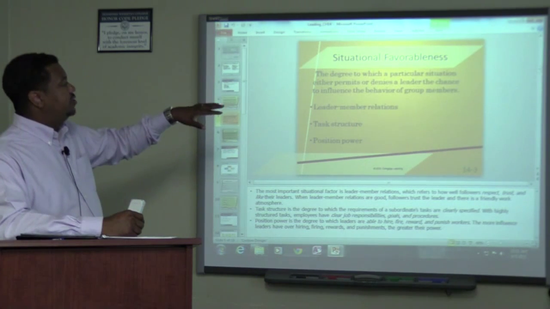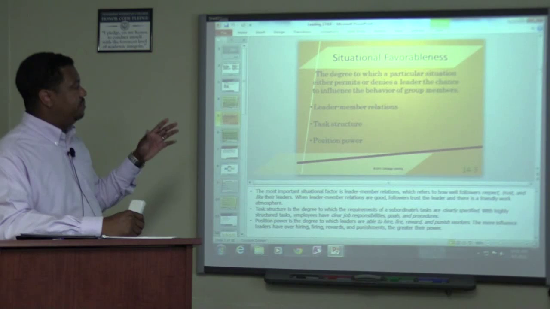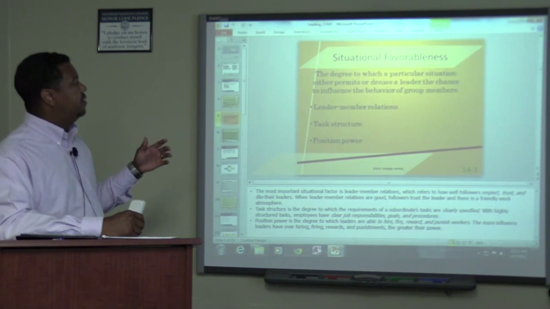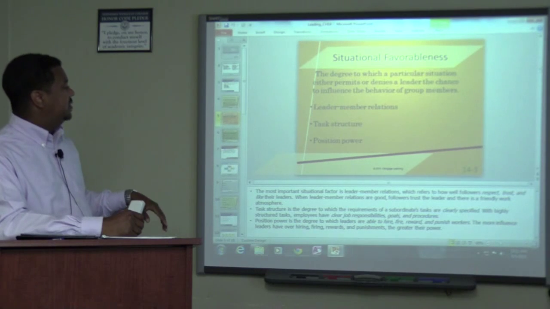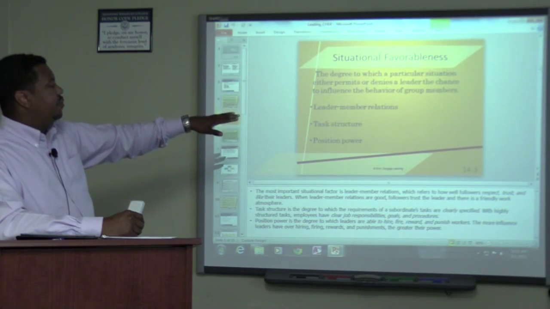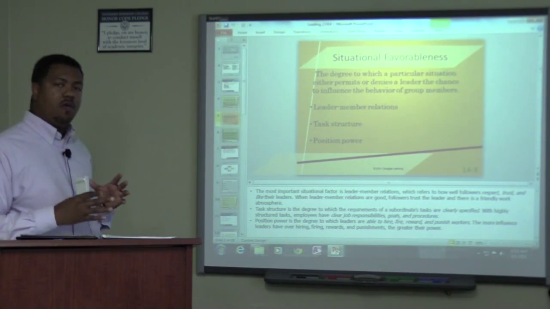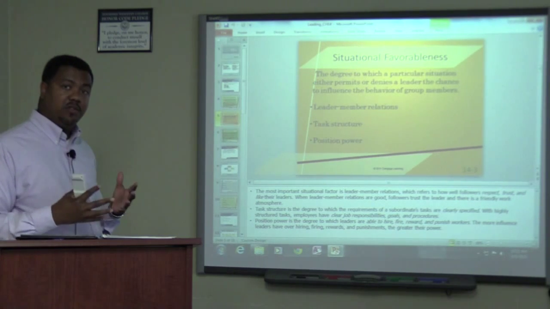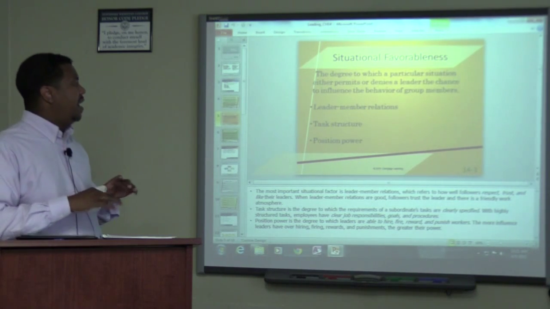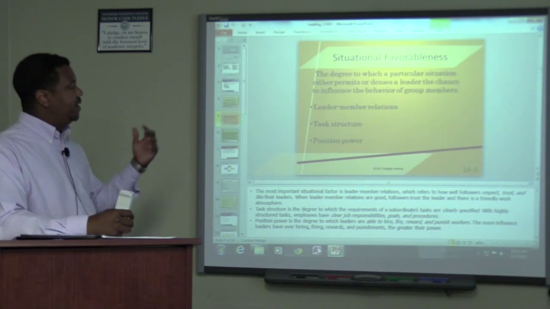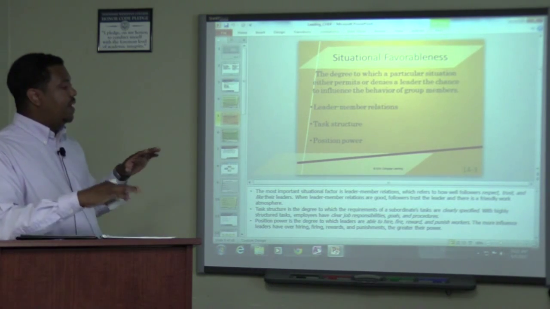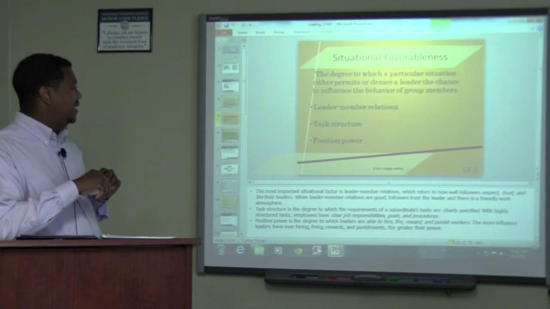We see this as the degree to which a particular situation either permits or denies a leader a chance to influence the behavior of group members. So we see the leader-member relationship: what's the overall quality of the relationship with those members of their team, how trustworthy they are, whether they feel they can really depend upon this leader, and respect for this leader has a significant impact.